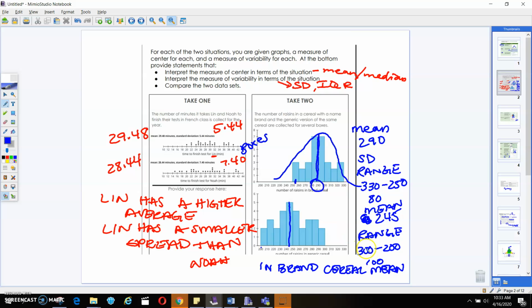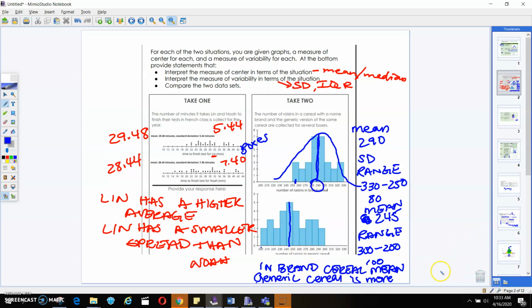Now let's look at range. The first one is 80, and the second one is 100. So that means that this one is more spread out than this one right here. So generic cereal is more spread out than the brand cereal.